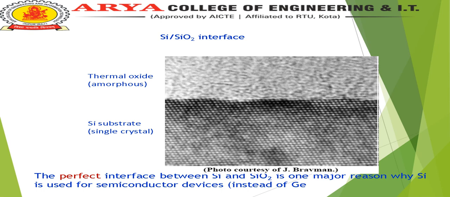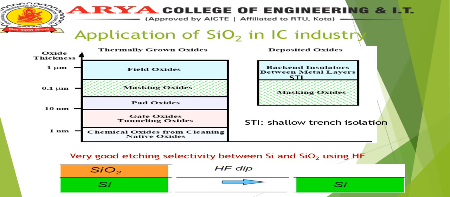This part shows the single crystal, and this part shows the thermal oxide, the silicon dioxide layer, which is amorphous. It is clearly visible that the crystal is shown in crystal form, and amorphous is like a merged form. The perfect interface between silicon and silicon dioxide is one major reason why silicon is used for semiconductor devices instead of germanium, because the interface between silicon and silicon dioxide forms easily.